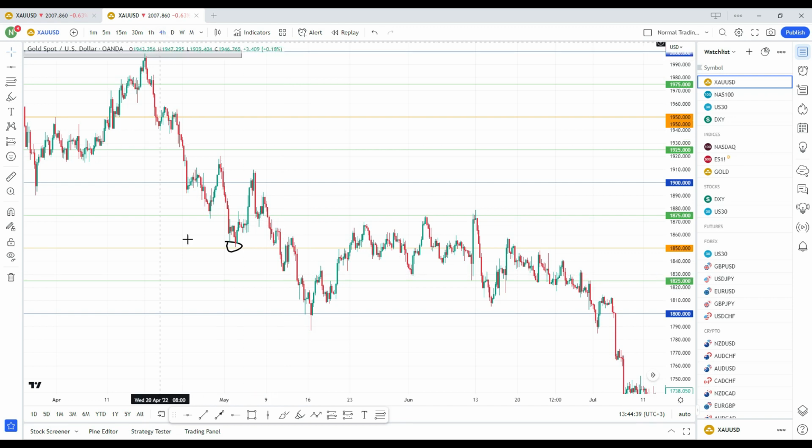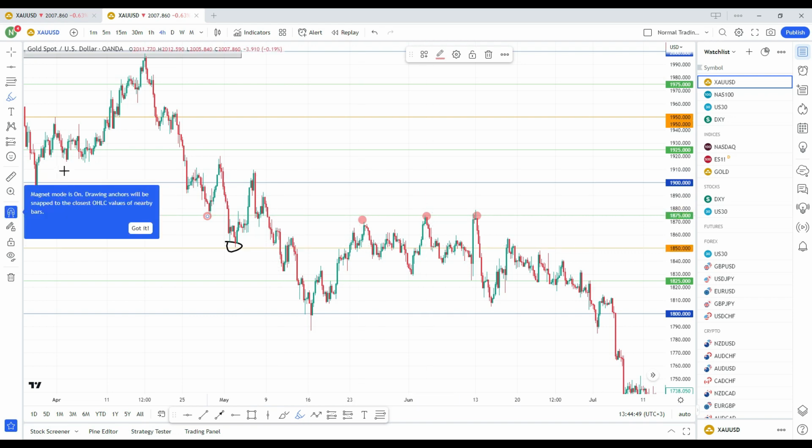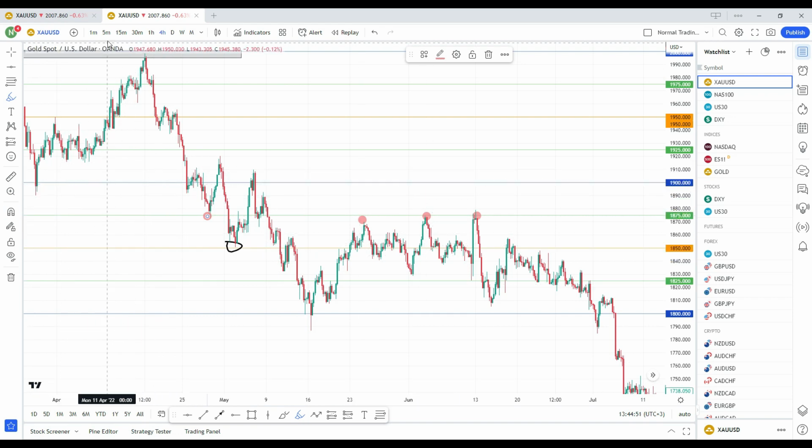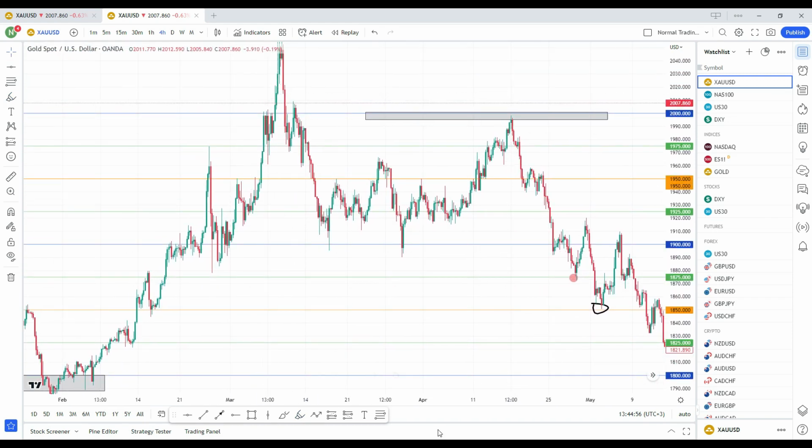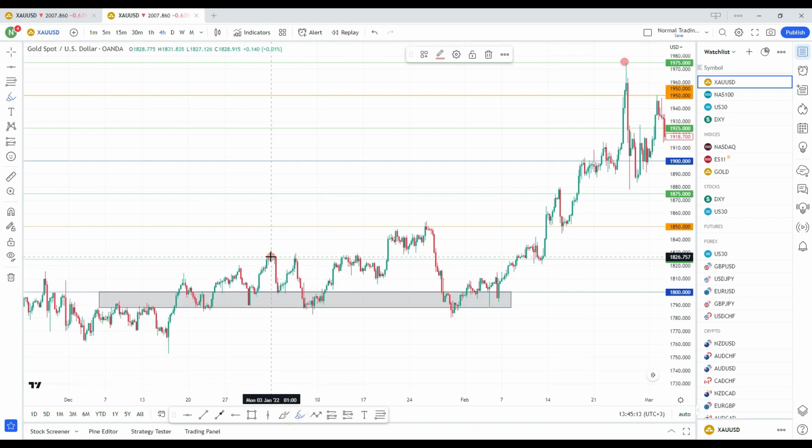It is a very strong resistance, strong support, and this is a zone as well. Again, this is a strong resistance, this one as well. This is strong resistance, strong support. So you can backtest.